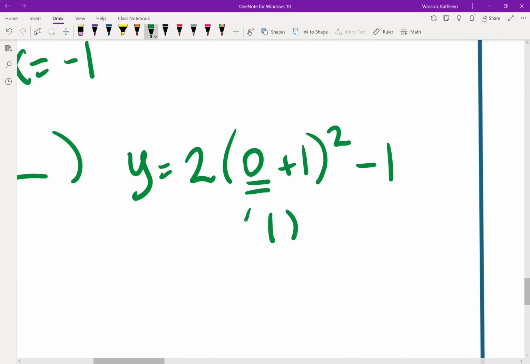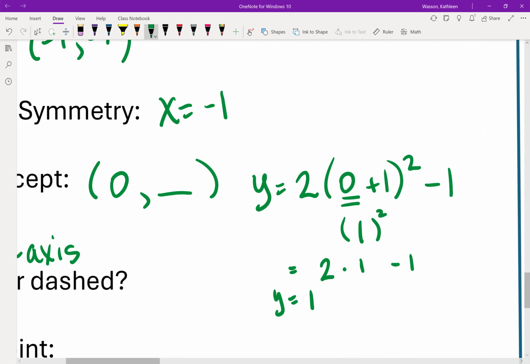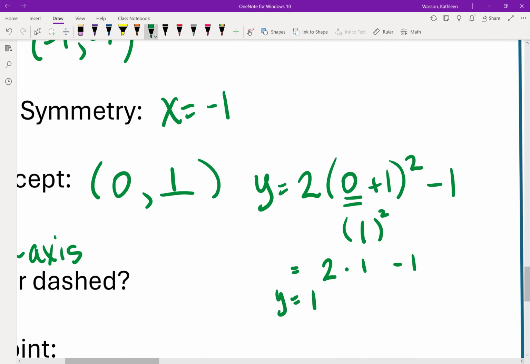And 1 squared is 1. So I get 2 times 1 minus 1. 2 times 1 is 2, minus 1 is 1. So y equals 1 when x is 0. So I can put (0, 1) as my y-intercept. And you can graph that point as well.